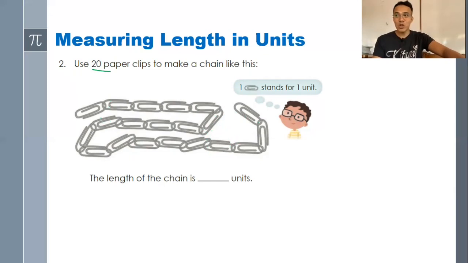We have 1, 2, 3, up to 20. There are 20 paper clips, and one paper clip stands for 1 unit. Therefore, the length of the chain is 20 units.